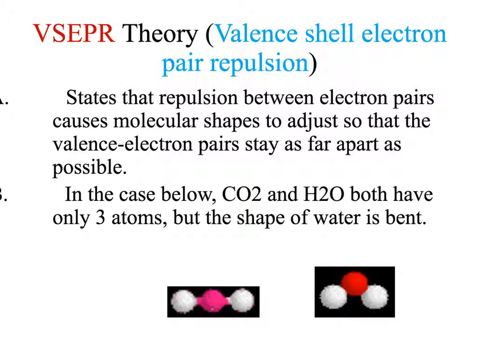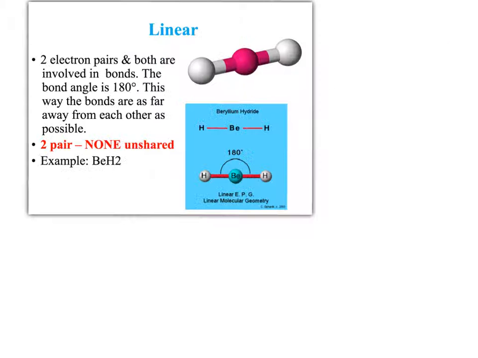Our next concept is VSEPR theory, which stands for valence shell electron pair repulsion. All it really says is that the reason that molecules have the particular three-dimensional shapes they have is because electrons, the pairs of electrons, want to be as far apart from one another as possible, like charges repel each other.